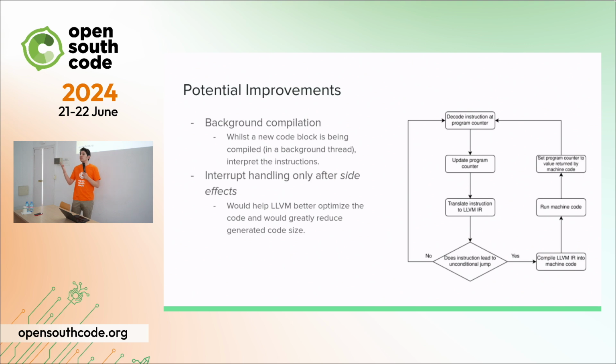Because if you imagine, for example, that you had 2 consecutive increment instructions, and then you write the result of those 2 increments into memory, it's highly unlikely that the people that made the original program expected an interrupt to happen between those 2 increments.